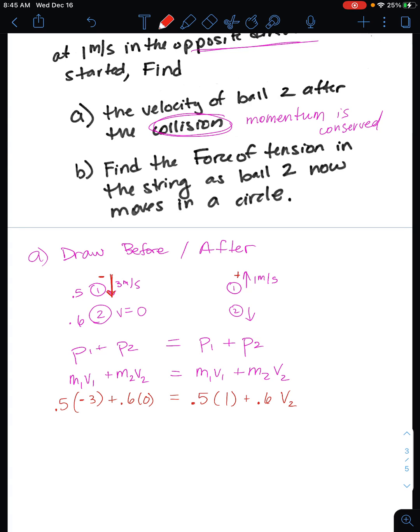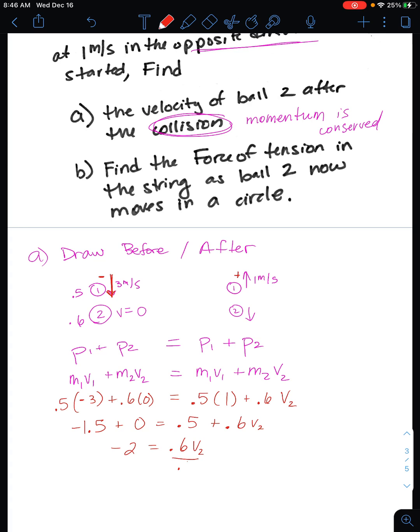So what I'll have to do is do 0.5 times negative 3, which is negative 1.5, plus 0 equals 0.5 plus 0.6 v2. All right, and now I'm going to have to subtract 0.5 from both sides. So negative 1.5 minus 0.5 is negative 2 equals 0.6 v2.